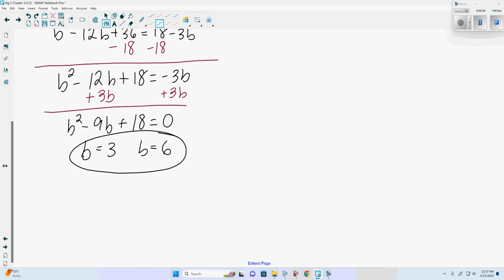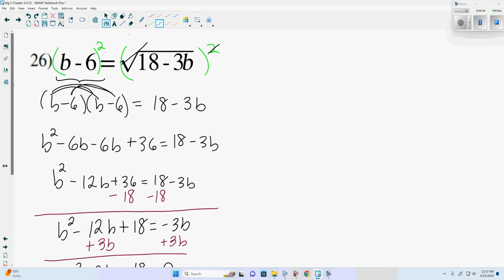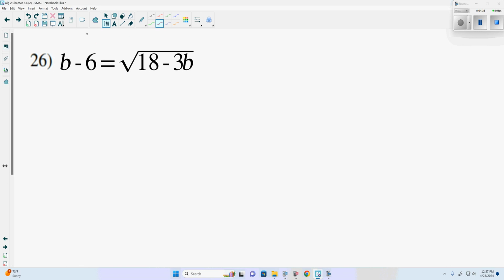Questions on how we found our two solutions? We good with this so far. Now, we will check and make sure that these work. So we found 3 and 6. We can check 3 first. So we'd plug 3 back in for b.